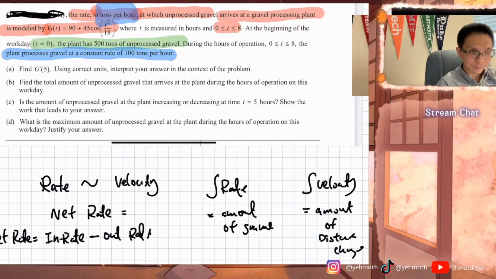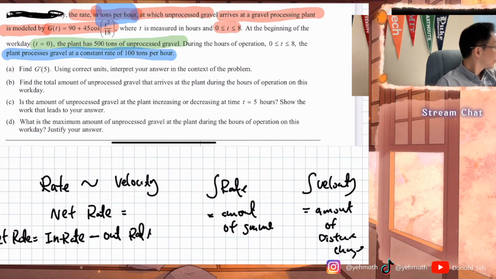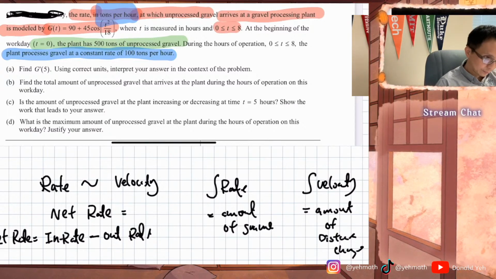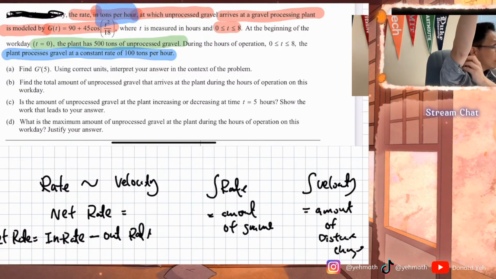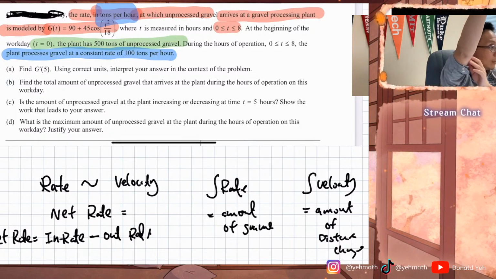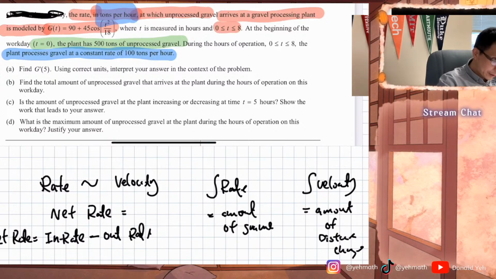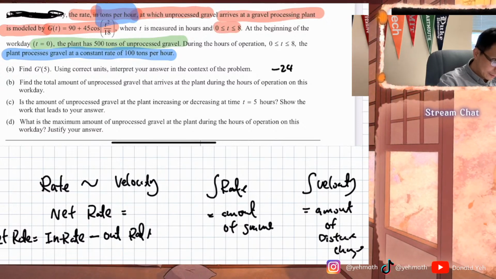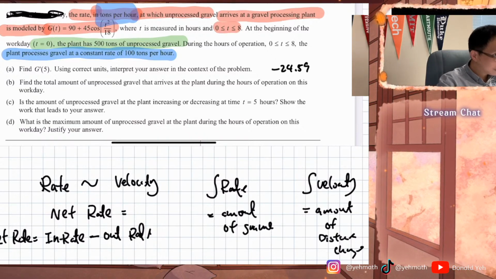All right, what did you guys get? Still writing. Negative what? 24.59. Thank you. Negative 24 point what? 590? Well, 588.